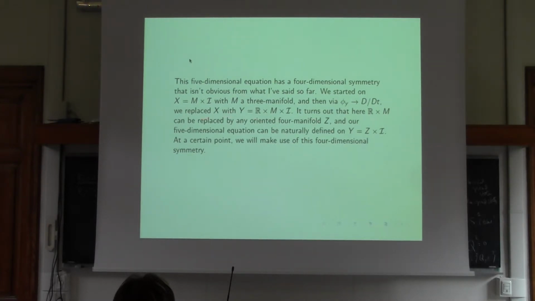Namely, R times N can be replaced by any oriented 4-manifold Z, and our 5-dimensional equation can be naturally defined on Z times I. Not on any 5-manifold, but on this kind of 5-manifold. Actually, a little bit more general. As Hayes explained, it can be defined in any 5-manifold with a 1-dimensional foliation. Not necessarily a global product. At a certain point, we'll make use of this 4-dimensional symmetry.